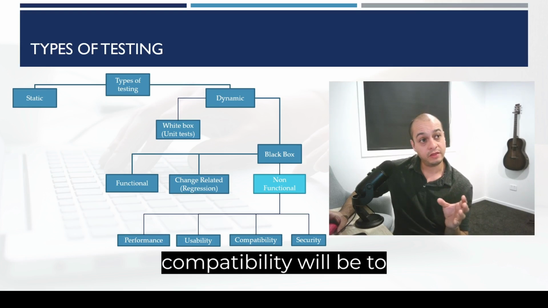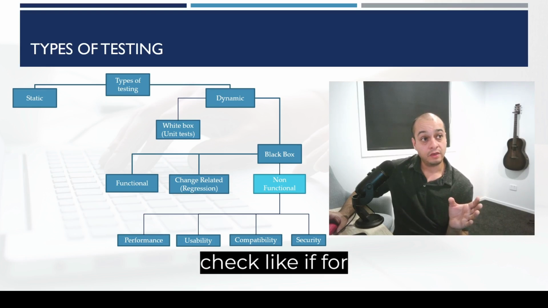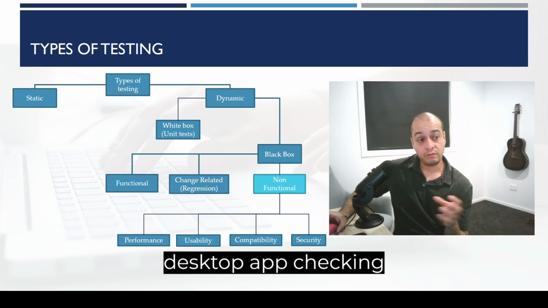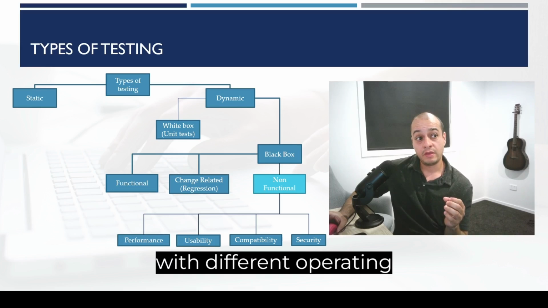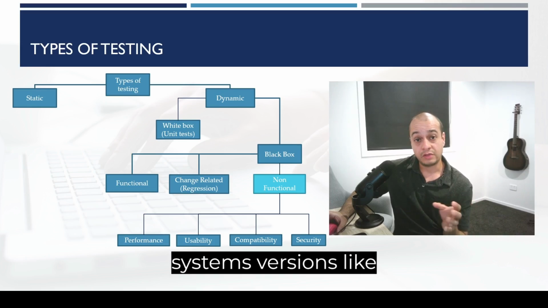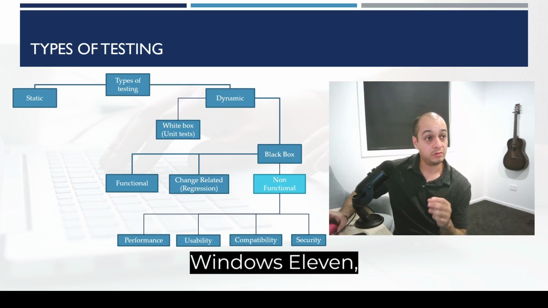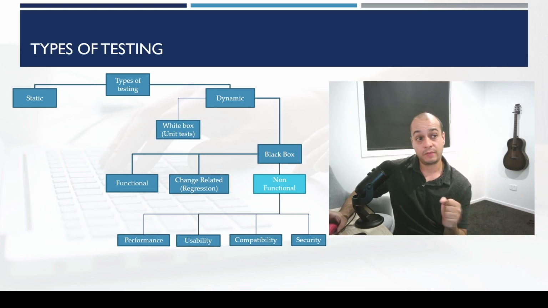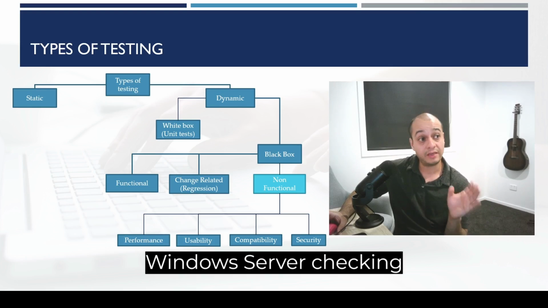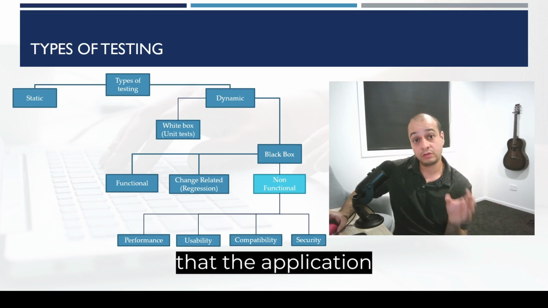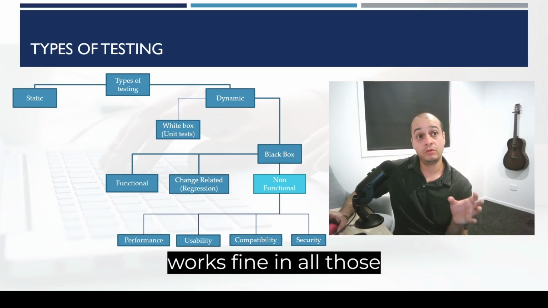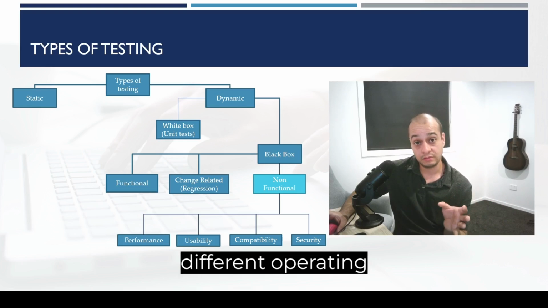Compatibility, what would that be? It would be to check, for example, if you are testing a desktop app, checking with different operating system versions, like different Windows versions, like Windows 10, Windows 11, Windows Server, checking that the application works fine in all those different operating systems.